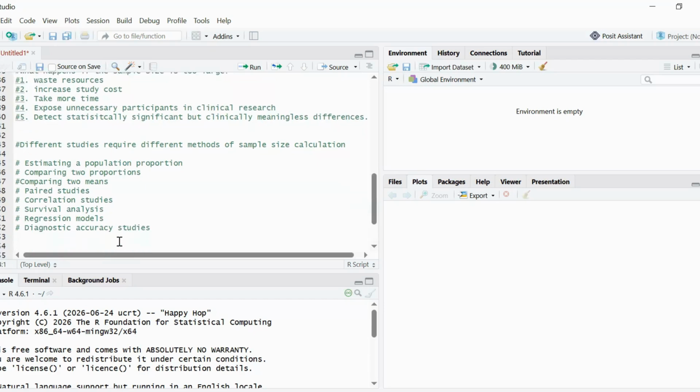So each has its own statistical assumptions and formulas.